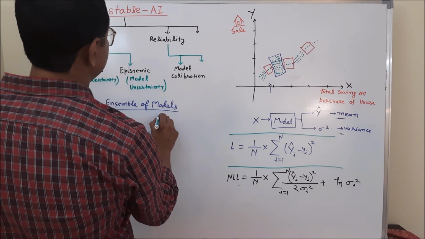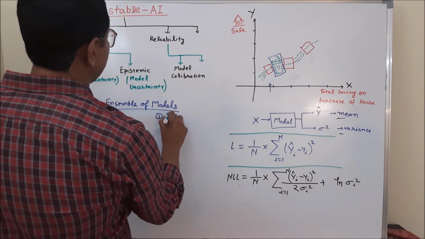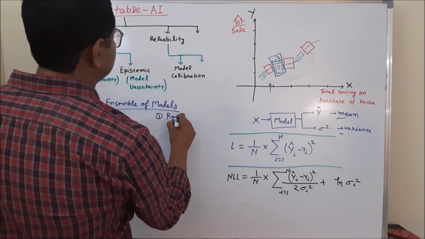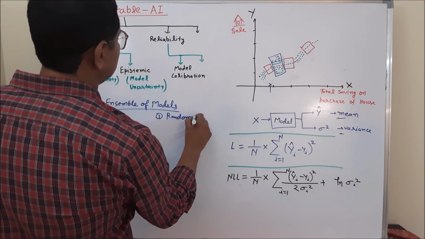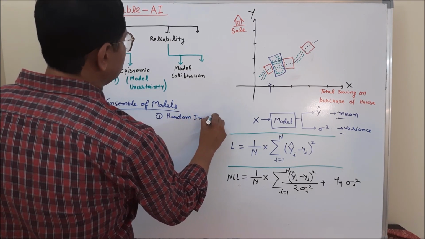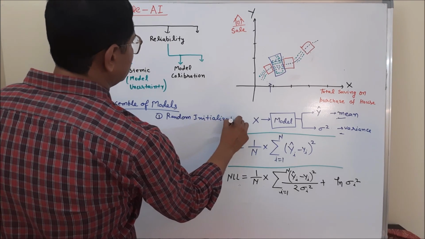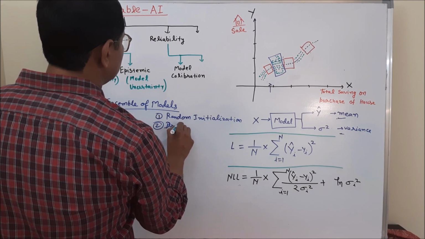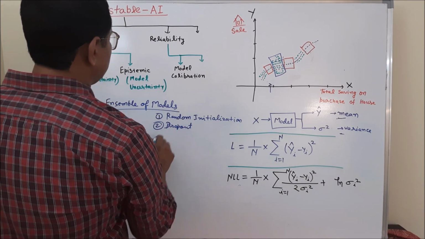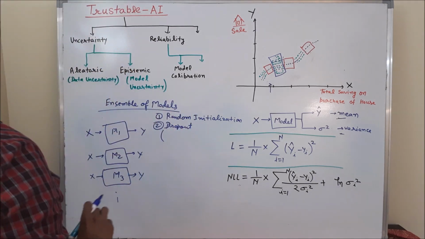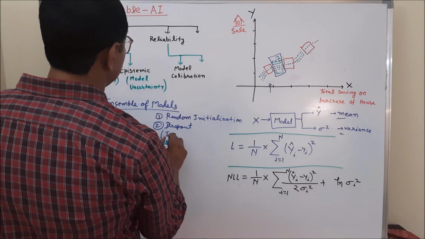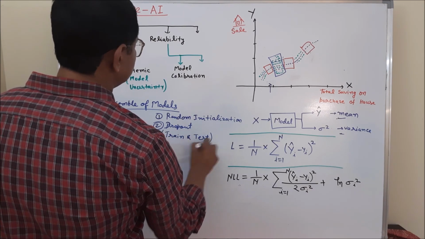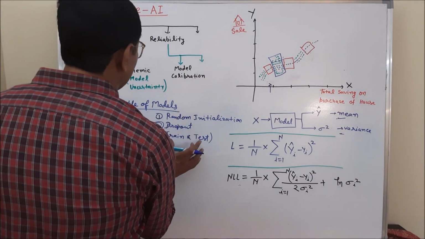We use two different strategies. First is random initialization of all those architectures. Second is using dropout. But be careful: here we use dropout in both training and testing.